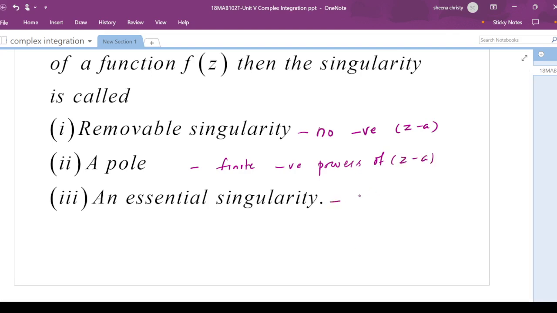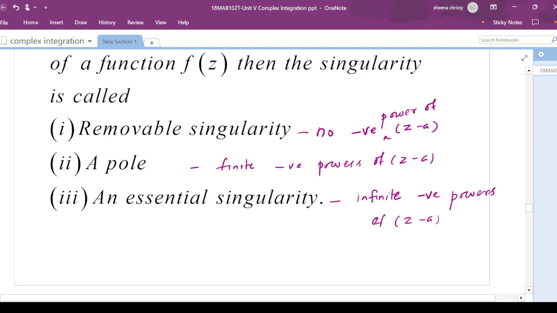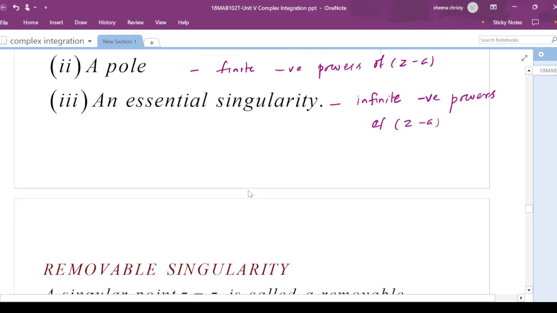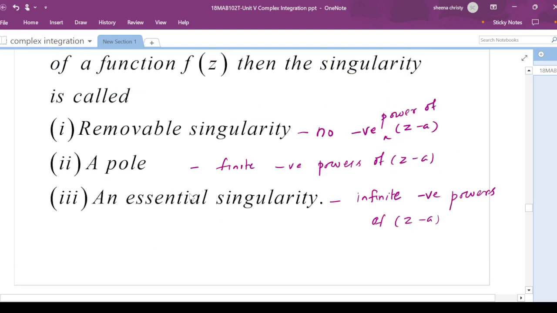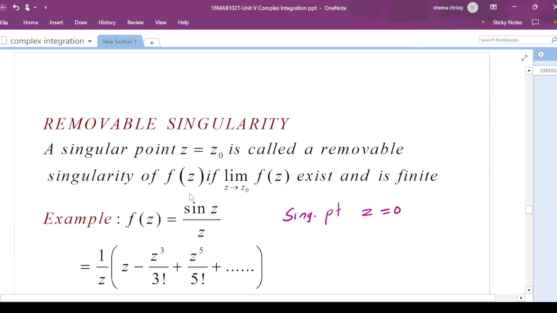Essential singularity means infinite negative powers of z minus a. Okay, these are our types of singular points. All these singular points are isolated. Hope you understood.